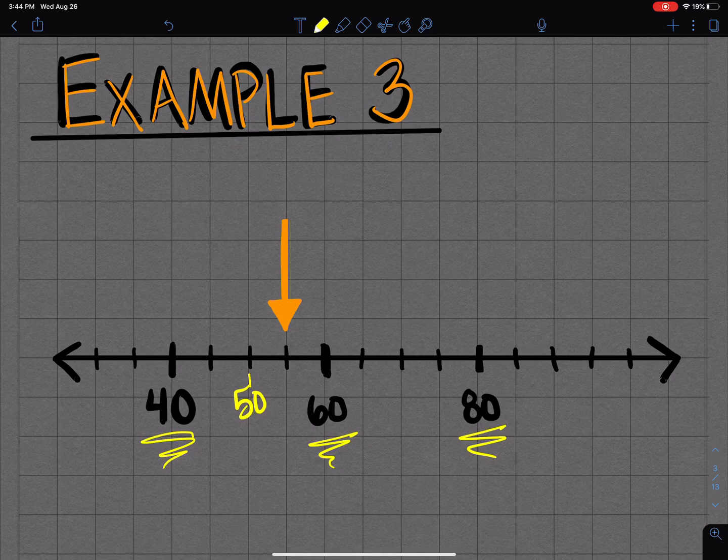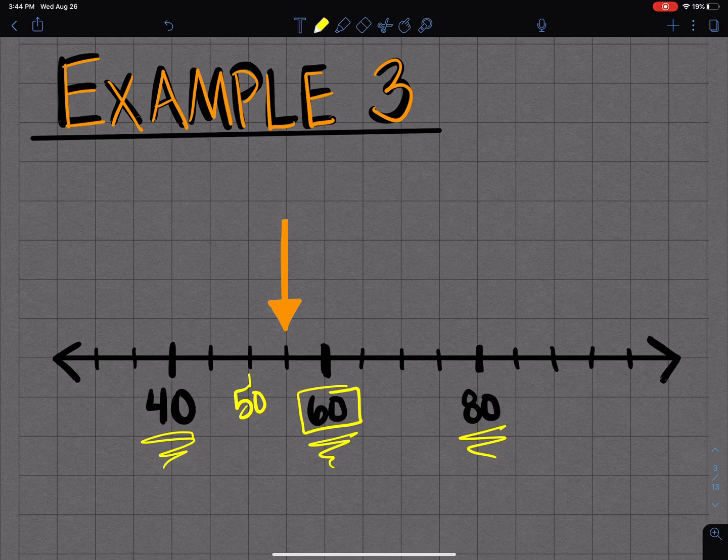But if you don't know that, what you could do is count by ones and see if that works. So let's start here with 40, and let's count by ones. 41, 42, 43, 44. Nope, that does not work because this does not say 44, it says 60. Okay, so I'm going to erase that.